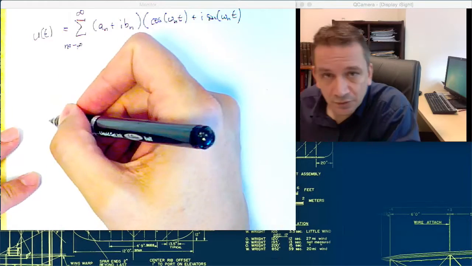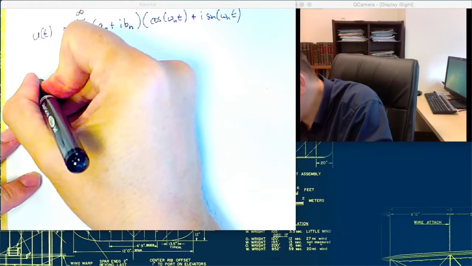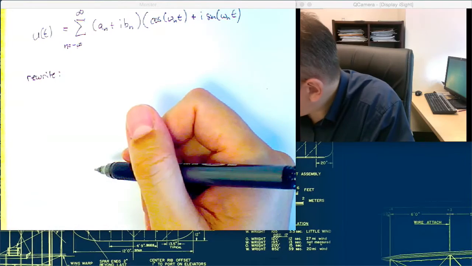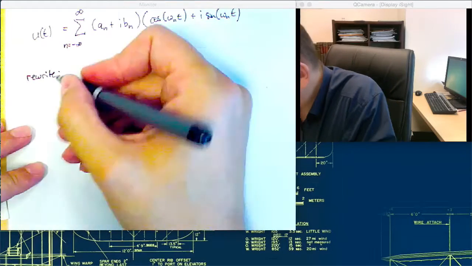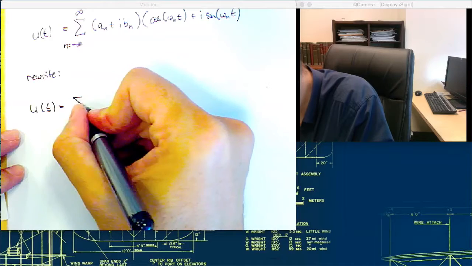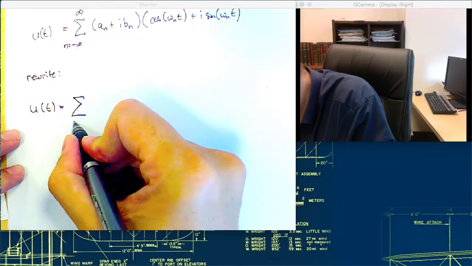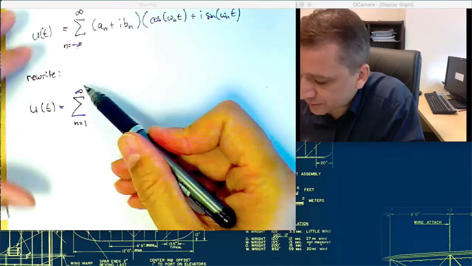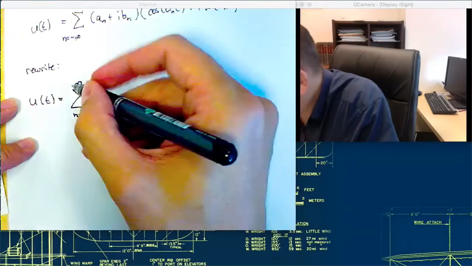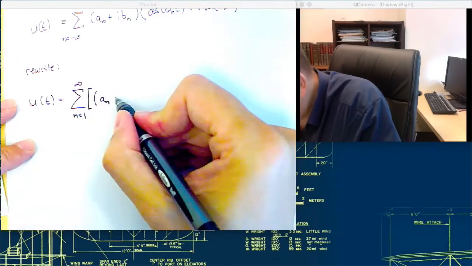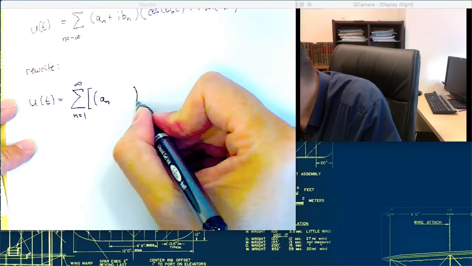All right, I'm going to rewrite that the following way. u of t is equal to the sum from n equal 1 to infinity. So I'm not counting from minus infinity to plus infinity. an, okay, I'm leaving some space here.